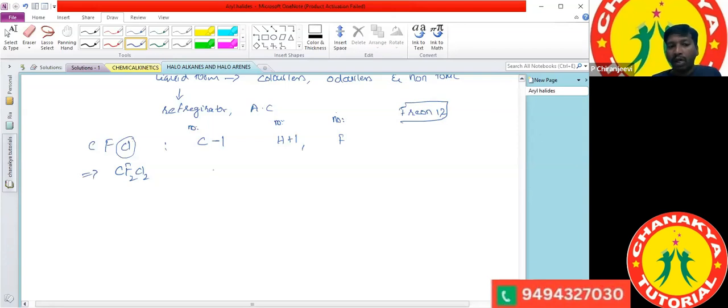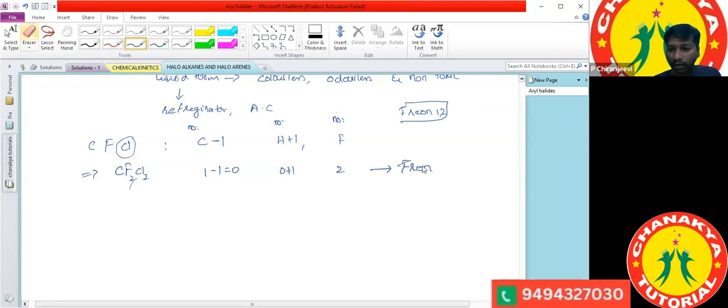The total number of carbon atoms is 1, so 1 minus 1 gives 0. The number of hydrogens is 0, so 0 plus 1. And the number of fluorine atoms we have is 2.